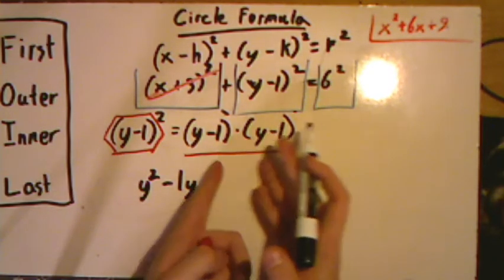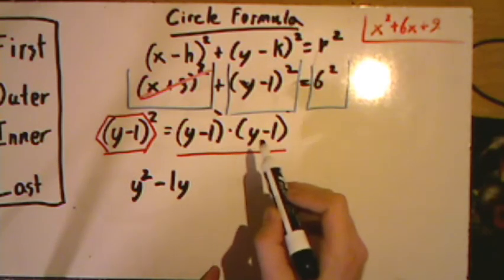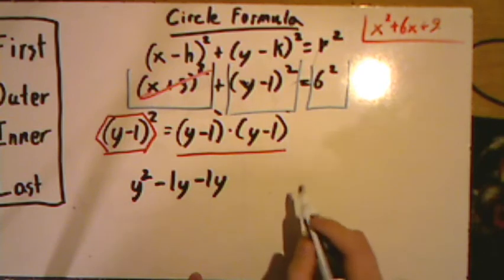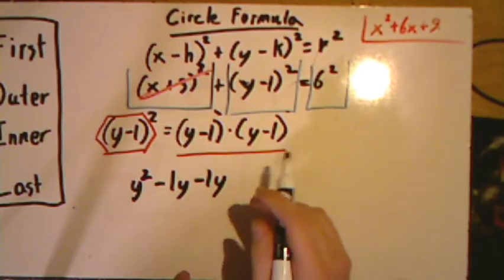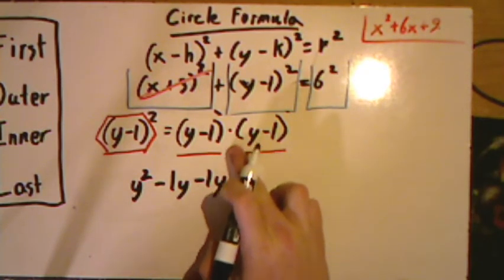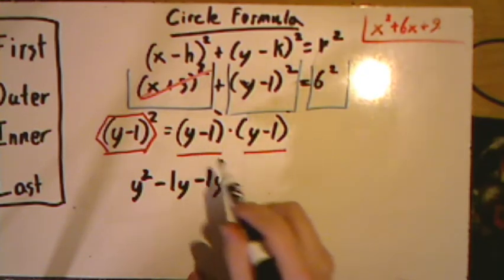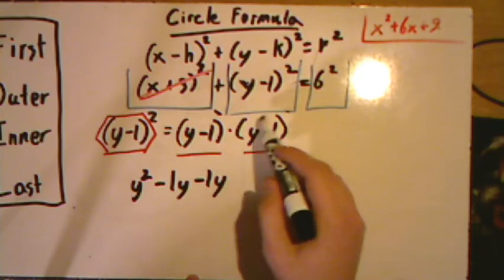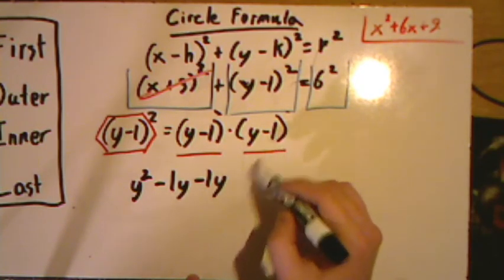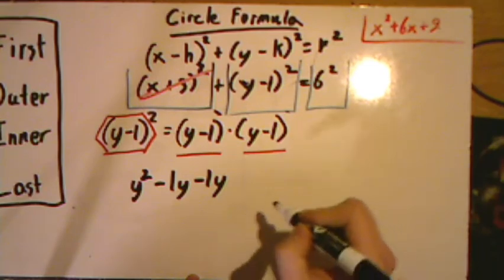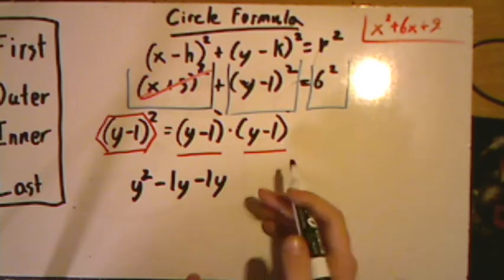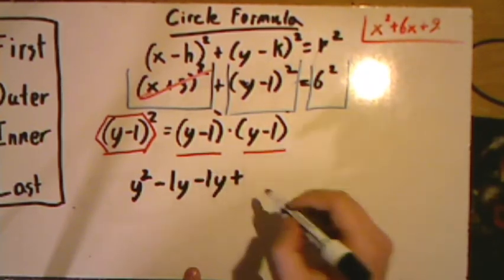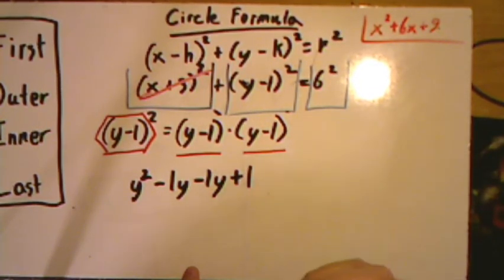Inner being for the entire equation, negative 1 times y, another minus 1y, and then our last, looking at each binomial separately. So the last term is negative 1, the last term is negative 1. When you multiply negative 1 by negative 1, well, a negative times a negative makes a positive, and 1 times 1, anything times 1 is itself.